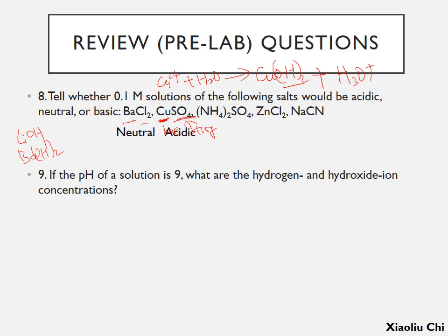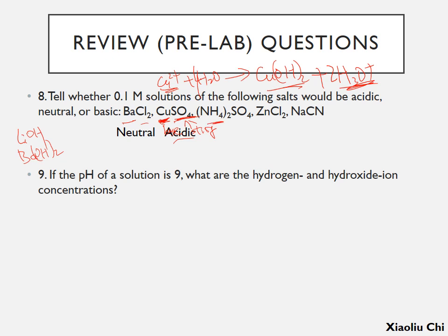All right, so you need 4 of them, and this is 2. And so the real reason is the copper ion hydrolyzes back to the weak base, giving you hydrogen ion or proton, and that makes it acidic. But simply we can just think strong one wins. So in this case, weak base, strong acid, so acid wins.